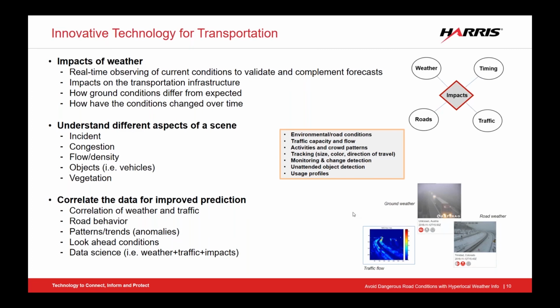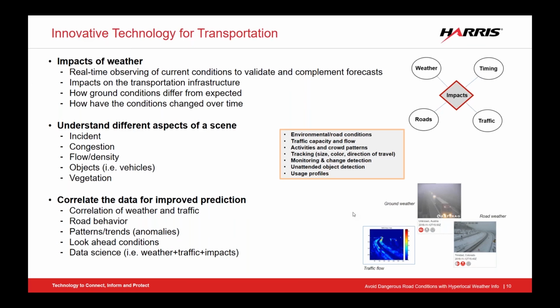So weather is an important part. Traffic is another important aspect, but there are just a lot of different aspects of both of those that we're trying to understand. Incidence, congestion, flow, density, all of those kinds of things we are looking at extracting out of the image scene for the Helios technology.